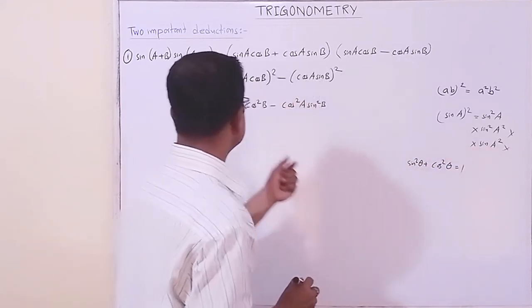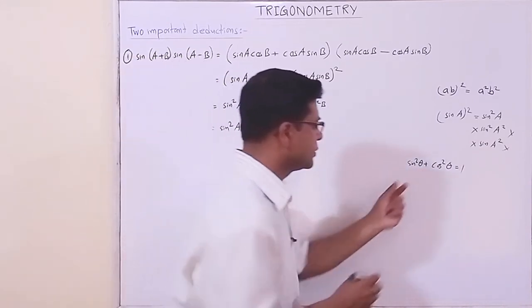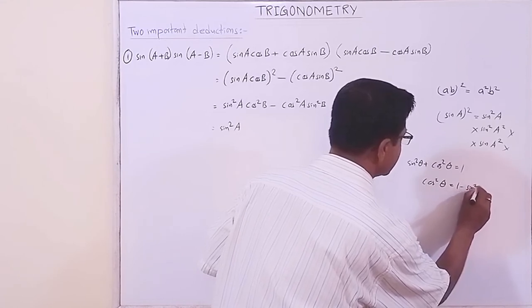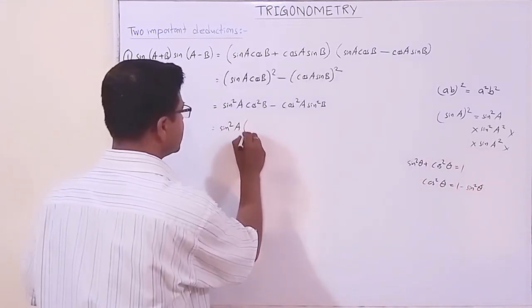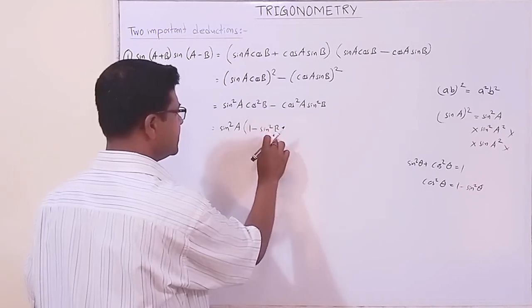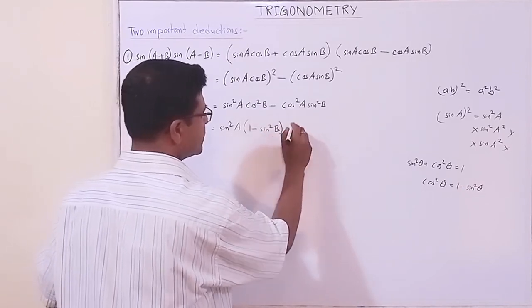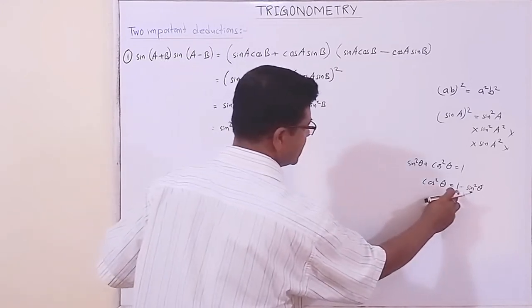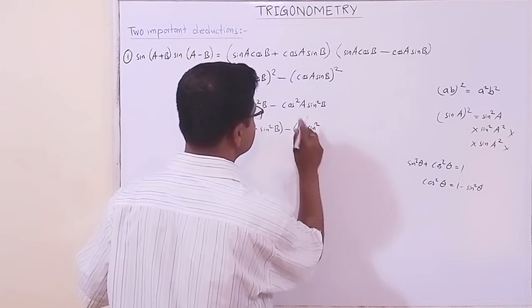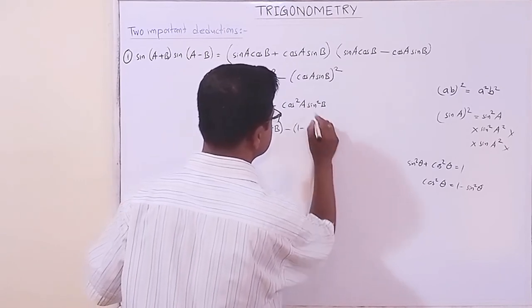So if we want to replace cos square, cos square theta means 1 minus sin square theta. So in place of cos square B, we shall write 1 minus sin square B. We want to remove cos, isn't it? So cos square is 1 minus sin square. It is A, so this must also be A. This is sin square B.